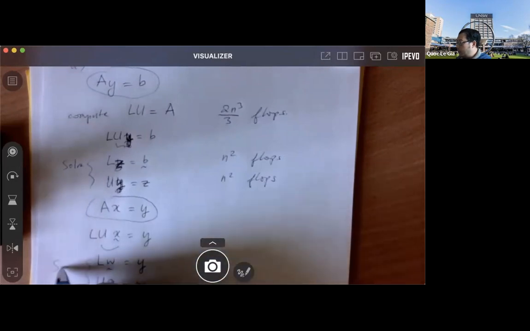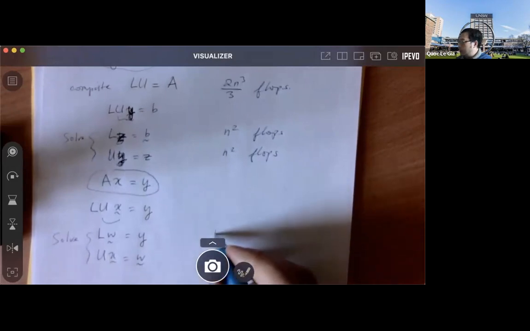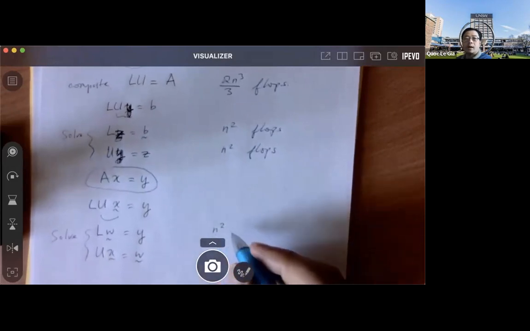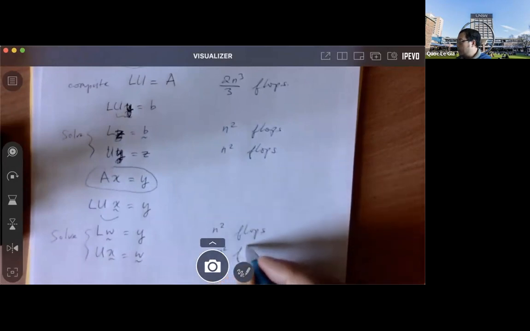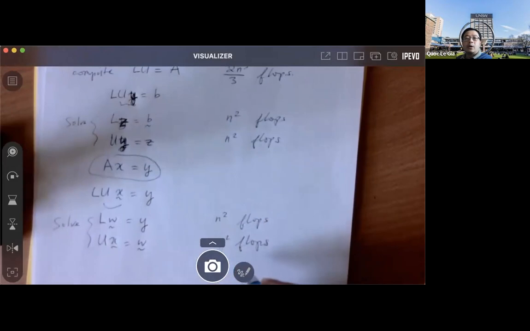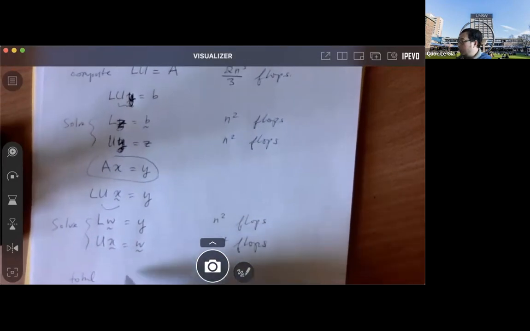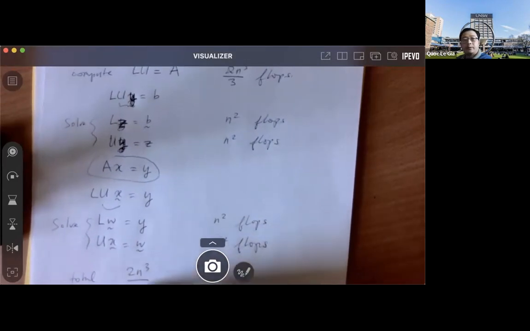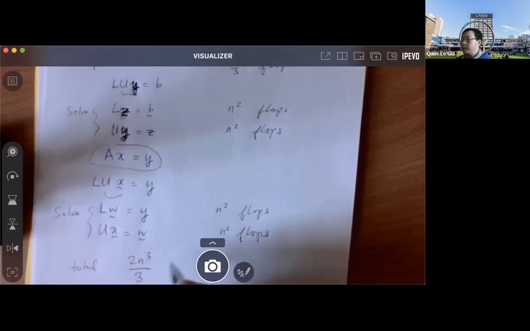So I solve those two linear systems. This one takes n squared flops, and this one n squared flops. Totally, this approach takes 2n cubed over 3 for the LU factorization, only one, and then 4n squared flops.